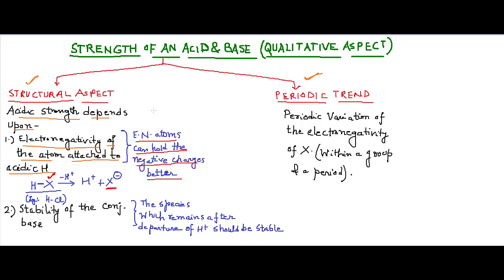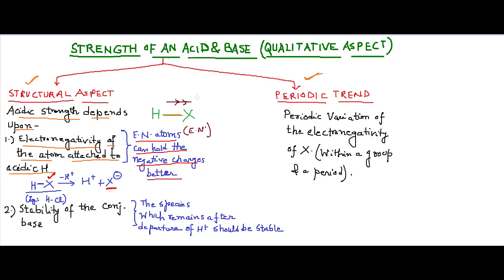So we have learned the electronegativity factor. What is electronegativity? Electronegativity is the tendency of an atom to attract towards itself the bonding pair of electrons. That means if X is more electronegative, then it will tend to attract towards itself. This direction shows that this bond pair is moving towards X. So it will attract this bond pair of electrons, indicated by this single bond, towards itself since it is more electronegative.